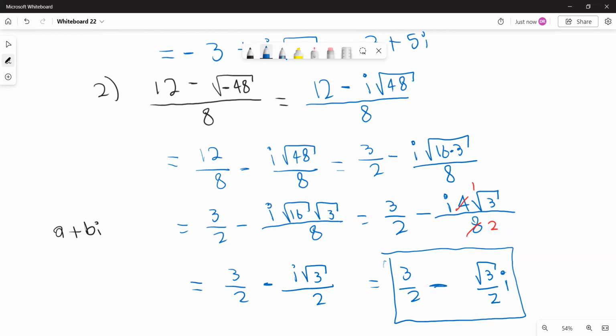Okay, the next part is going to be the arithmetic, the addition and subtraction of complex numbers. So there's a couple of formulas, but really there's no need to memorize those things. That's like basic algebra. We just combine like terms.